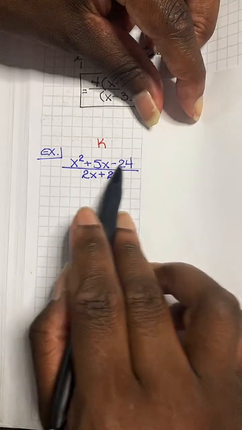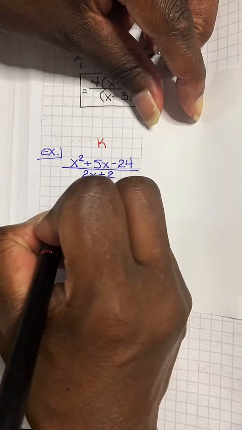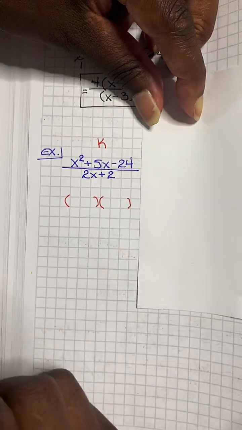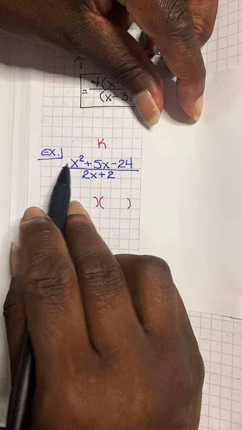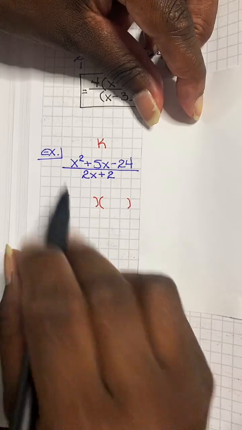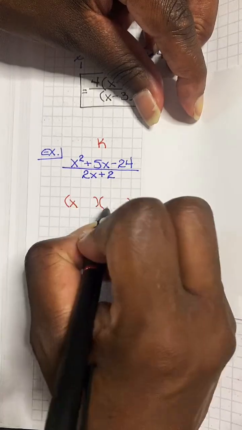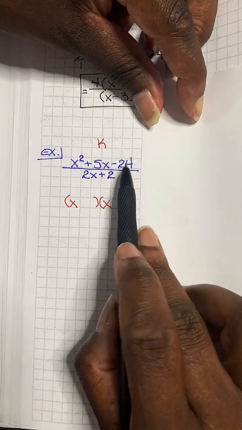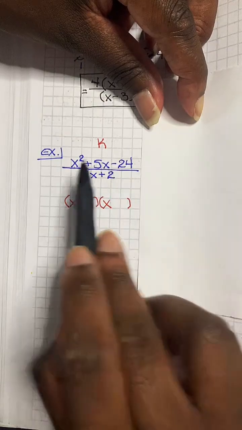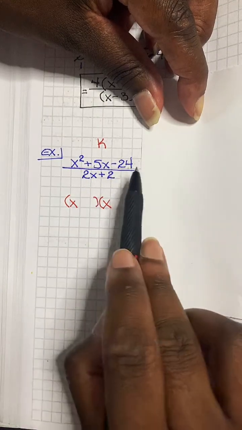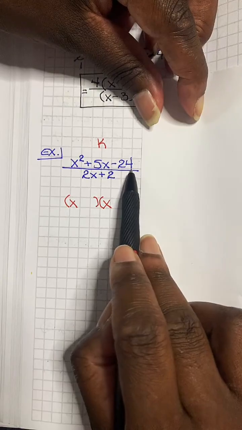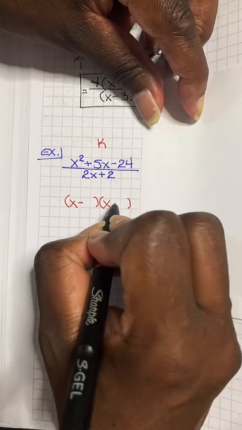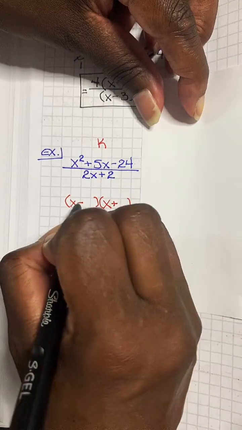Okay? We have a trinomial. So right away, we can split our x's because my leading coefficient is 1. So we have x and we have x. Now, negative 24 and positive 1. So one's going to be negative and one's going to be positive.